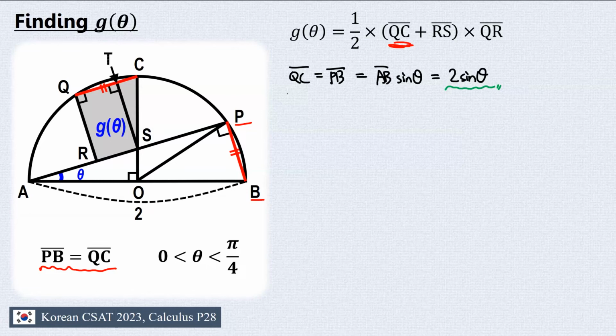The next thing we have to do is to put down a foot of perpendicular T onto line segment QC from S. Then we have this angle as pi over 2 minus theta, and this angle is right angle, so this angle is theta.